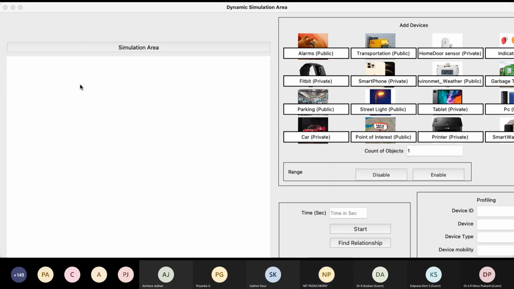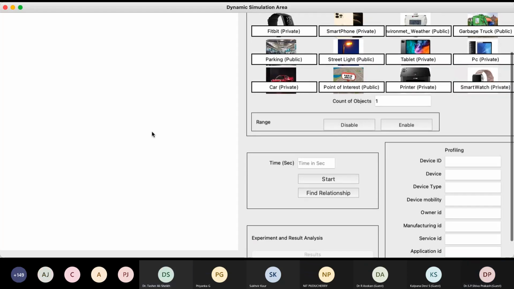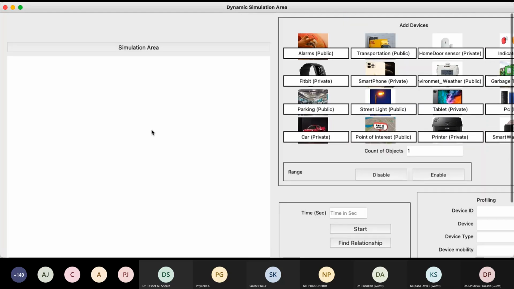Now it is visible, sir. I think I missed the first interface, I guess.